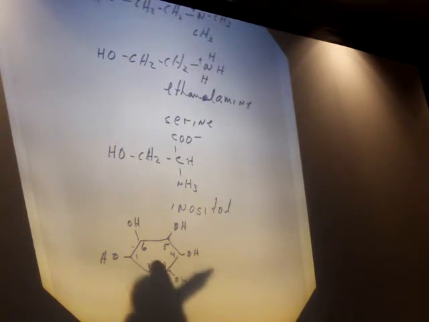And we talked about PI3 kinase, phosphatidylinositol 3 kinase. Well, it phosphorylates phosphatidylinositol in the 3 position. And we'll talk more about that in a little bit.